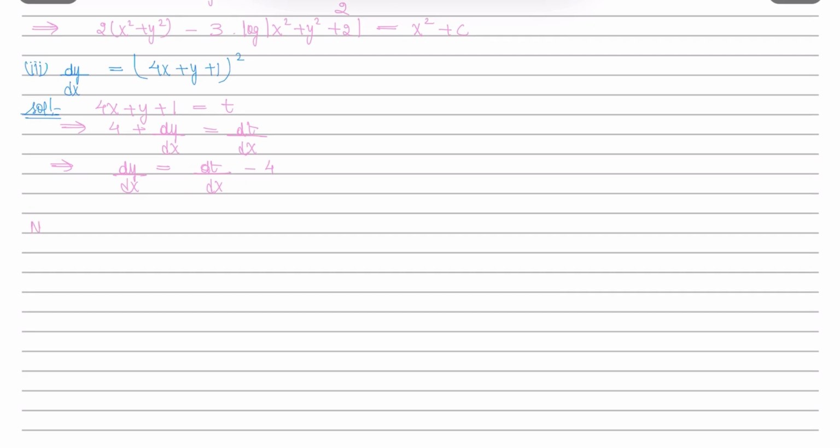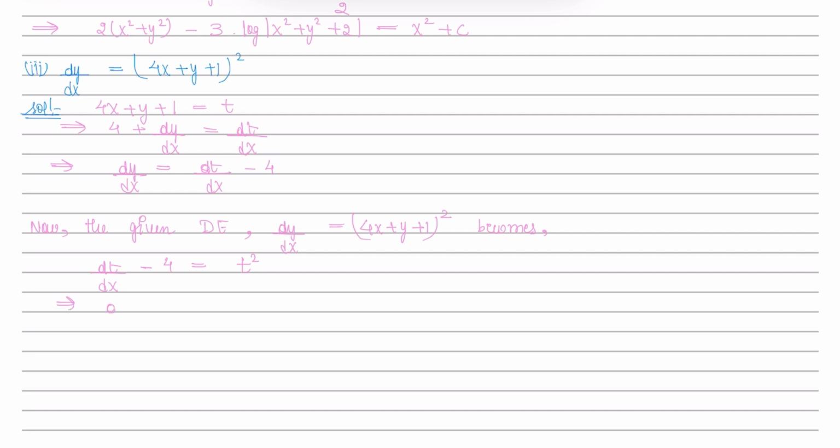Now, the given differential equation dy by dx is equals to 4x plus y plus 1 whole square becomes dt by dx minus 4 is equals to t square.